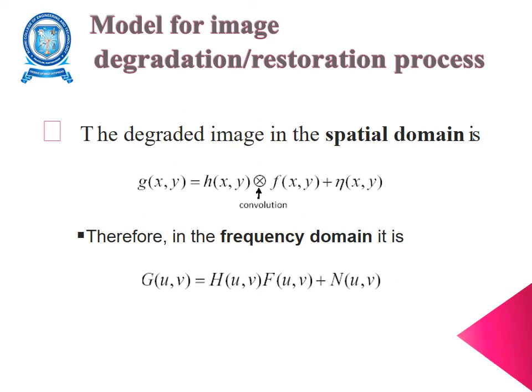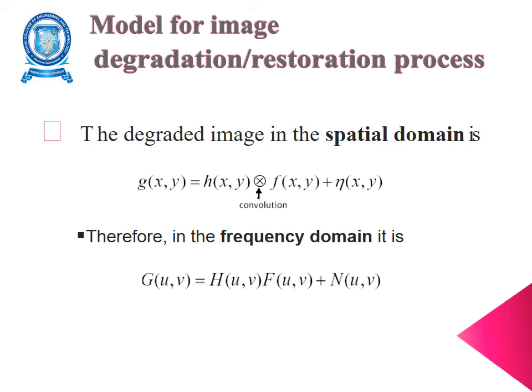So this is the mathematical expression. The degraded image in the spatial domain can be given as g of x comma y equals h of x comma y convolution f of x comma y plus eta of x comma y. The noise that is added is denoted as eta of x comma y, and here we are using the convolution operator. As we know, we can use the spatial masking technique, and in spatial masking we also use this convolution technique.